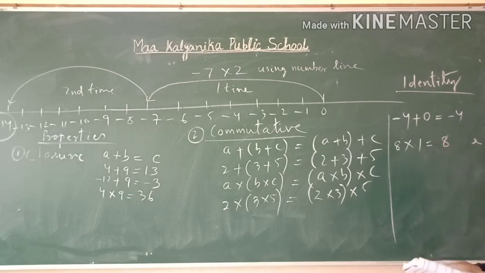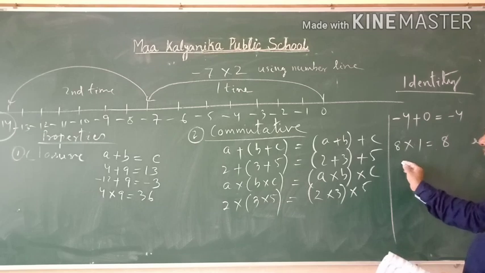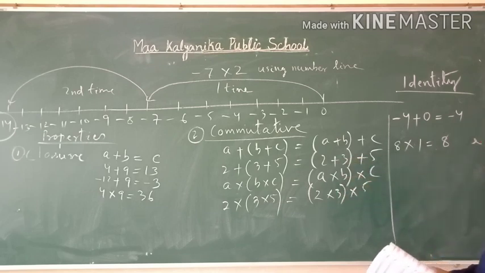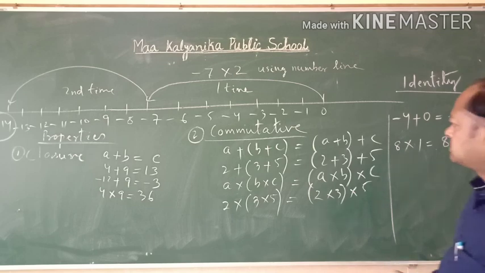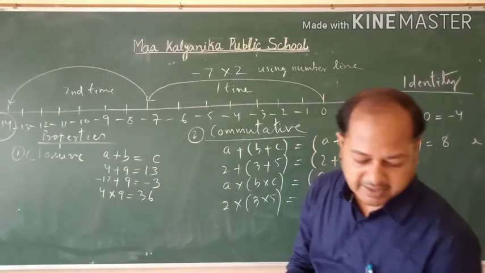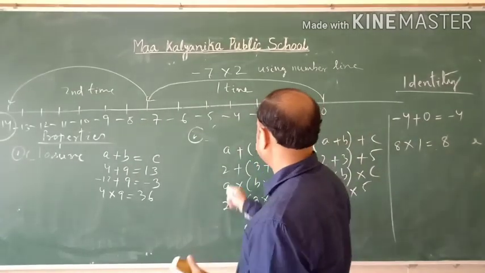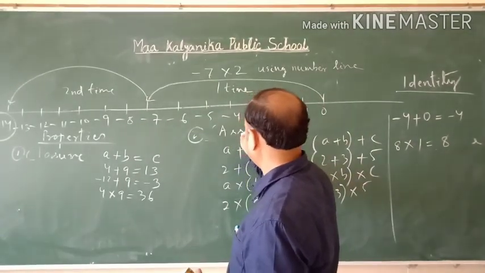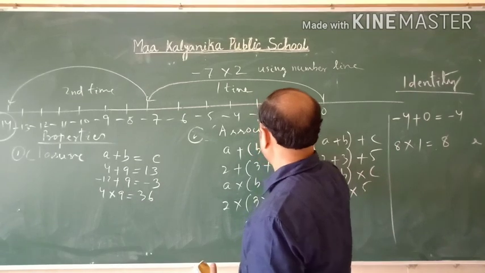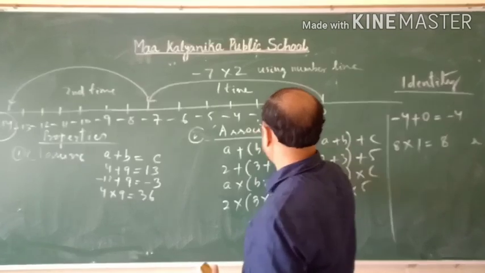One more property is the associative property. What is the associative property? I am writing it here completely. Associative property.